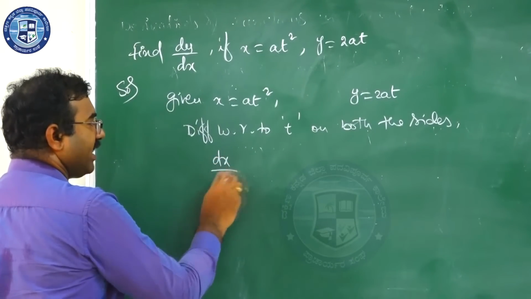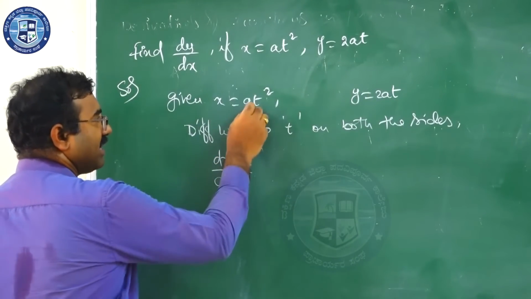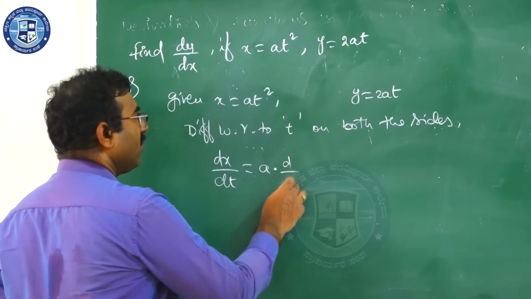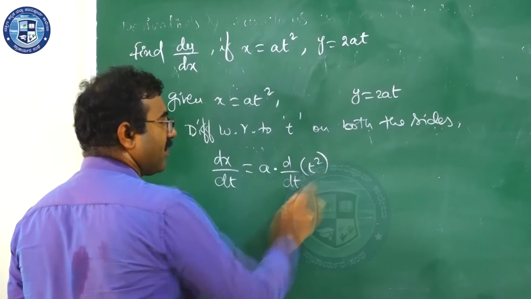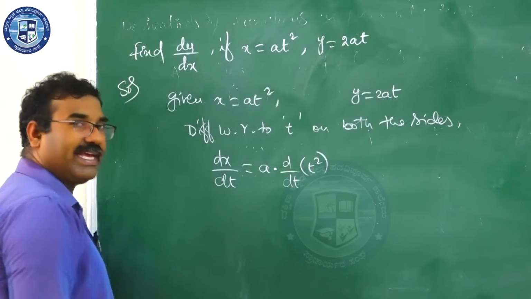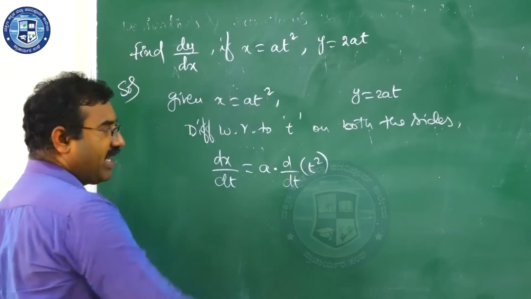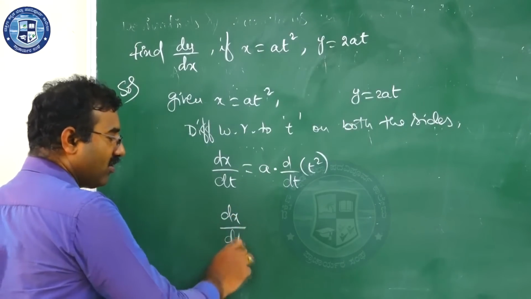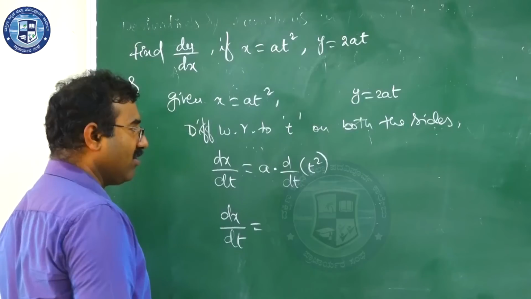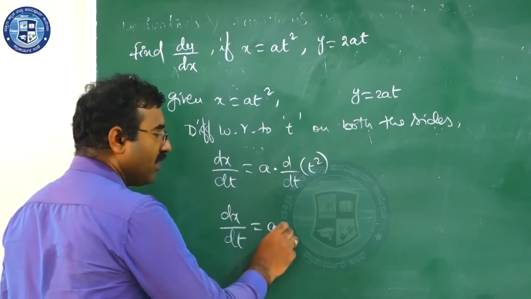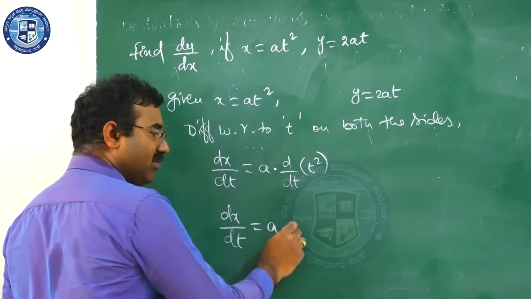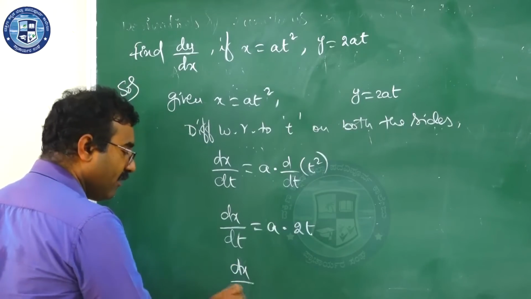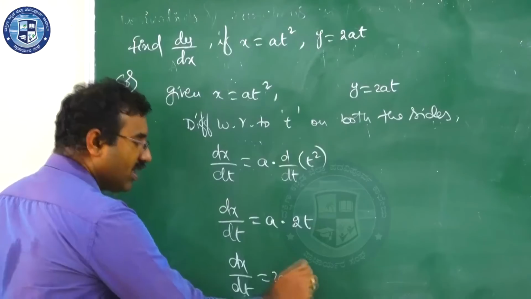dx by dt is equal to a, a is a constant, into d by dt of t square. It is like d by dx of x power n. What is d by dx of x power n? n into x power n minus 1. So therefore dx by dt is equal to a into differentiation of t square with respect to t. So you are getting 2t here, 2at.